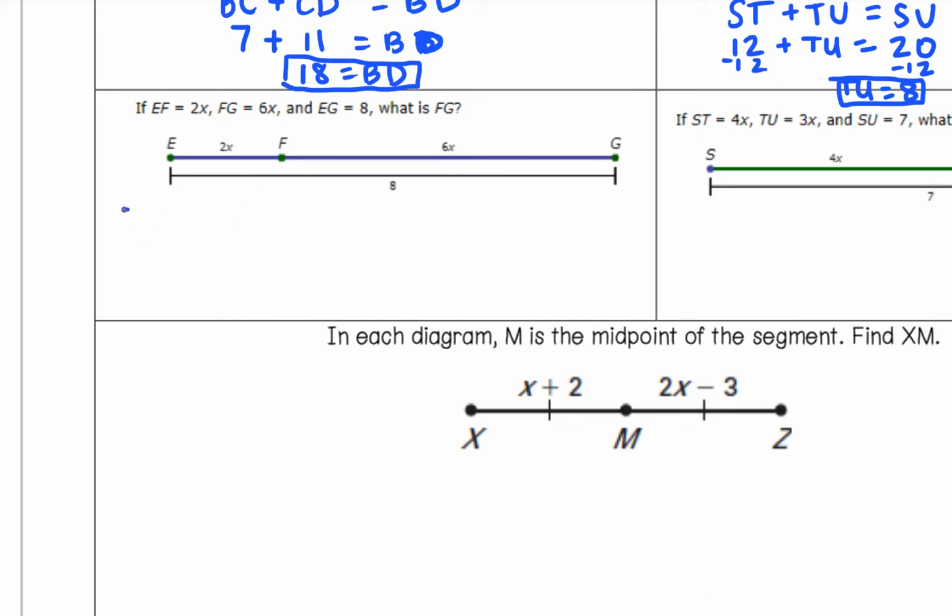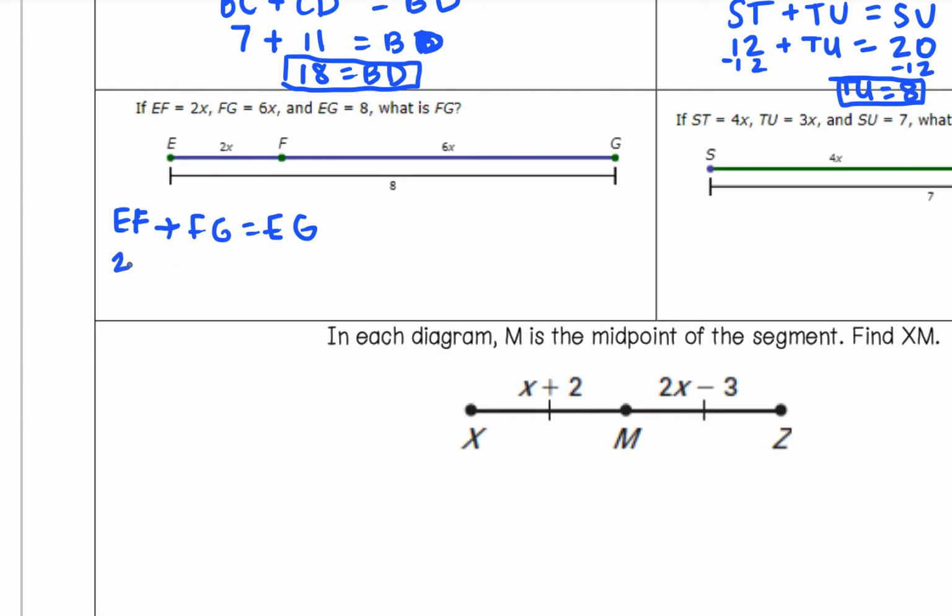So we can tell by the segment addition postulate that the measure of EF plus the measure of FG will equal the entire measure of EG. And then we're going to plug in the values that we know.